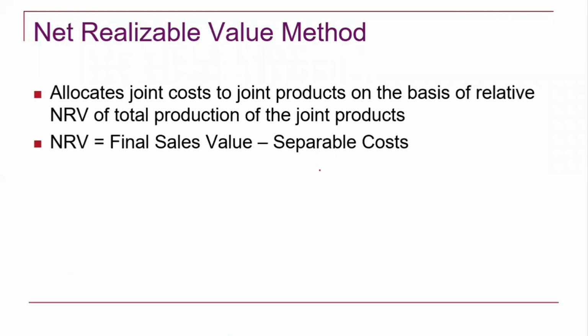Ayan, NRV method naman, we allocate the joint cost to joint products on the basis of relative NRV or net realizable value of a total production of the joint cost. Ito yung sinabi ko kanina na ang NRV natin ay final sales value minus the separable cost. Ano yung separable cost? Additional processing cost. Iba pang tawag sa kanya, identifiable cost. May iba pang tawag sa kanya, incremental cost.